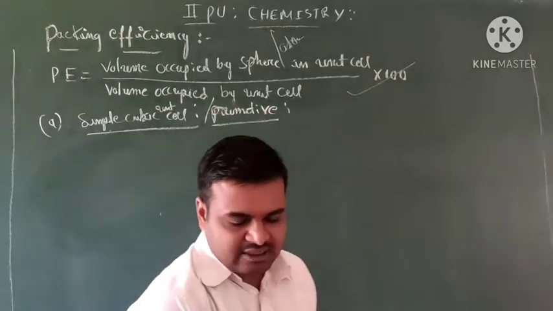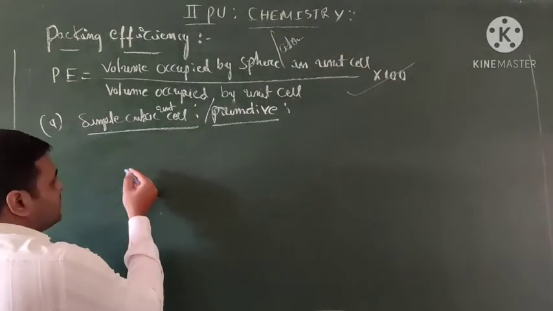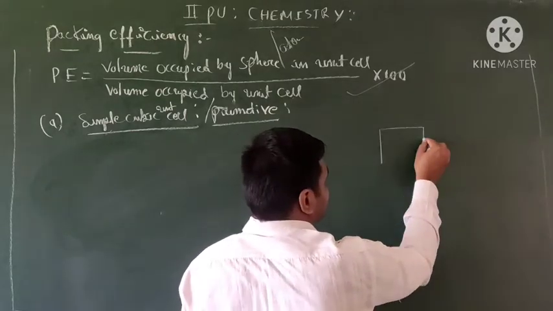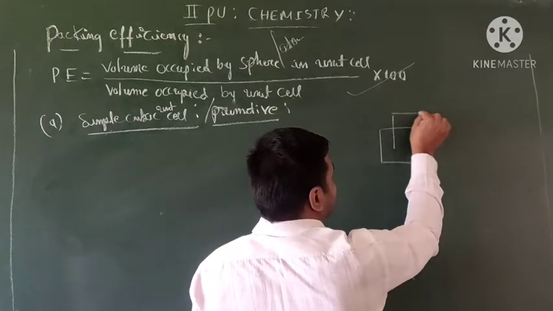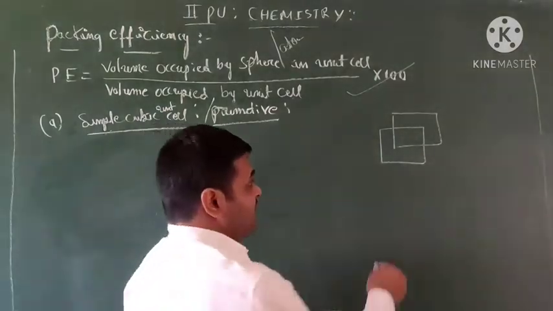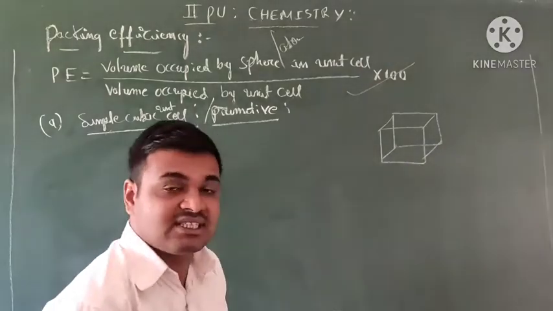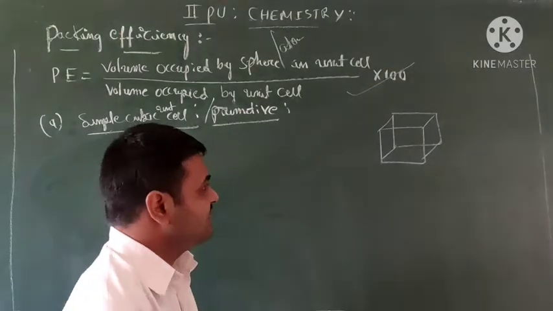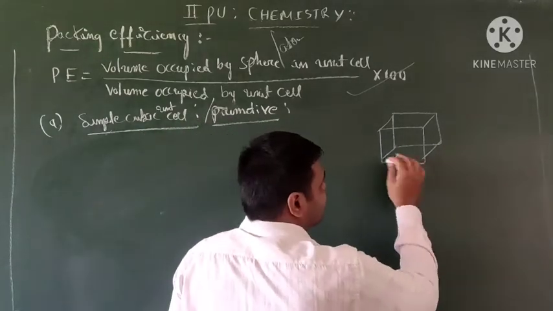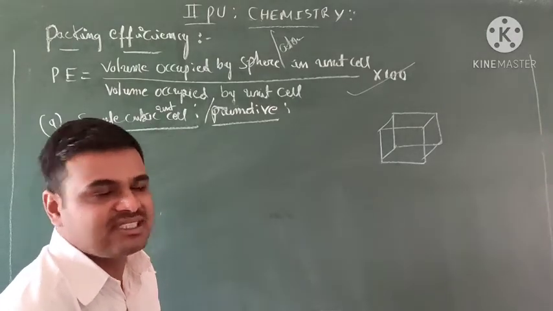Okay students, what is the structure of primitive or simple? This is the structure of primitive. In this primitive unit cell, only the 8 corners have atoms or constituent particles.